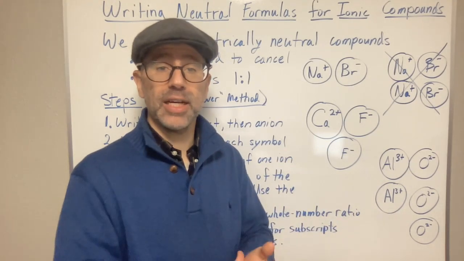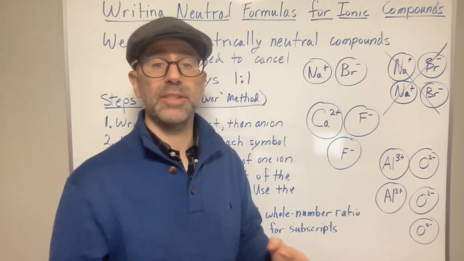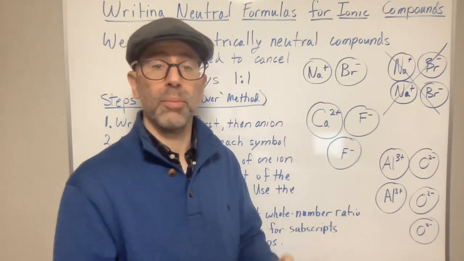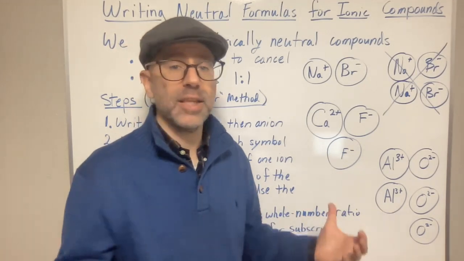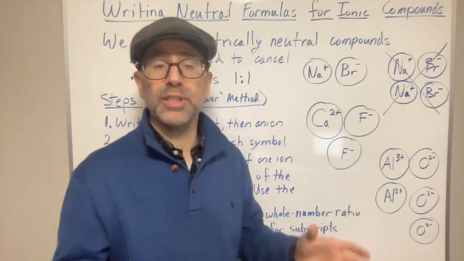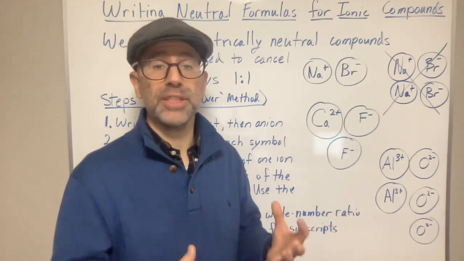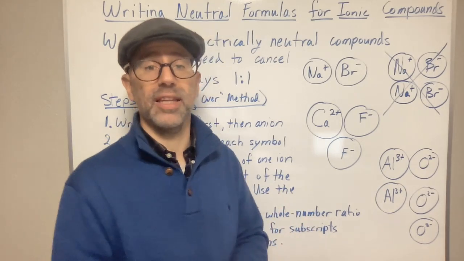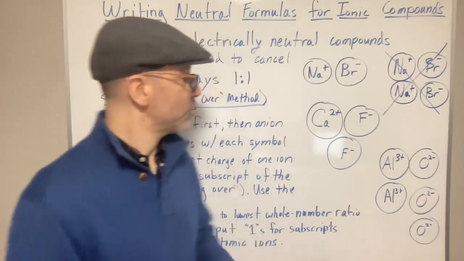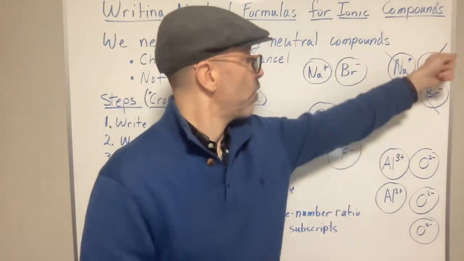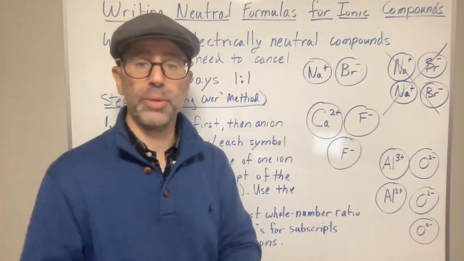Well, the reason is because we write our formulas for ionic substances in the lowest whole number ratios possible, and that's because ionic substances are crystals. You have hundreds of thousands of ions together, so the simplest formula would be the lowest whole number ratio for that crystal. So that's why we wouldn't write Na2Br2, we would just write NaBr for the formula.